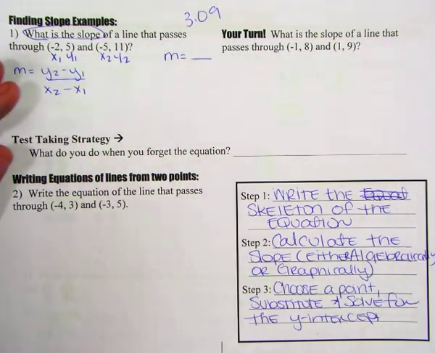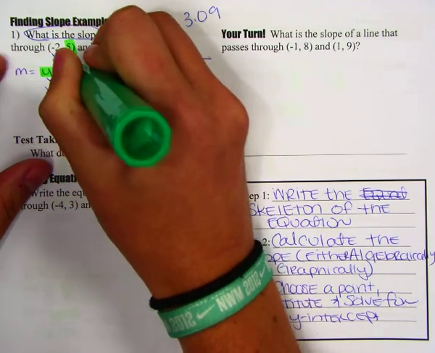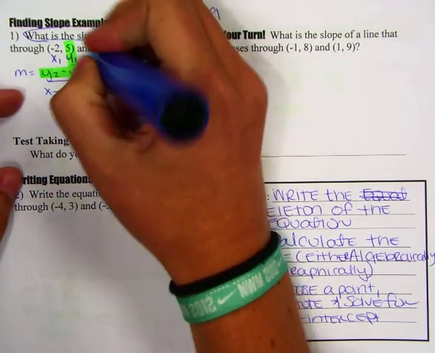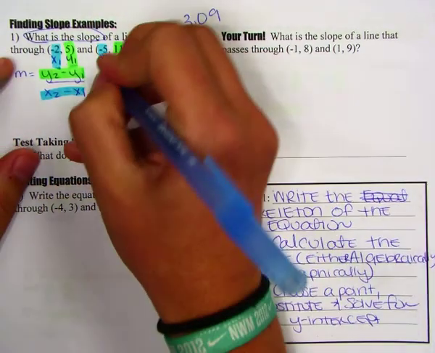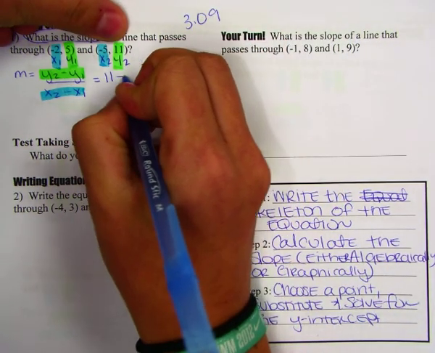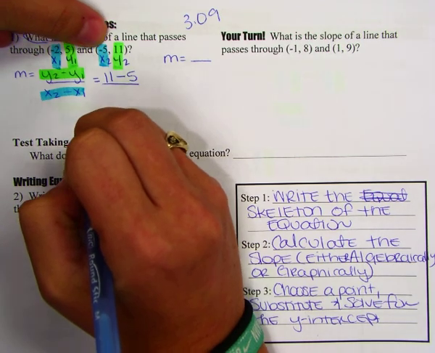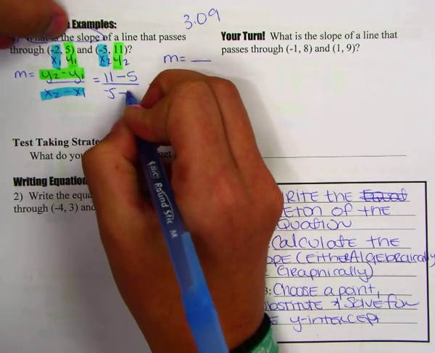And I'm even going to go a step further and highlight my y values one color and my x values another color. That way I make sure and plug them into the right place. So now y2, which is 11, minus y1, which is 5, divided by x2, negative 5, minus x1, negative 2.